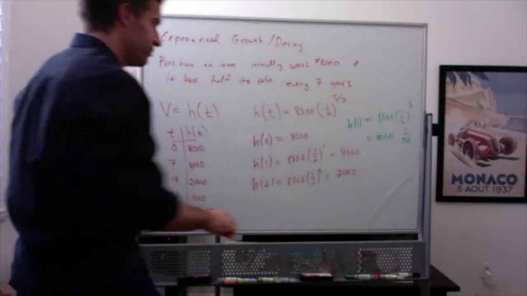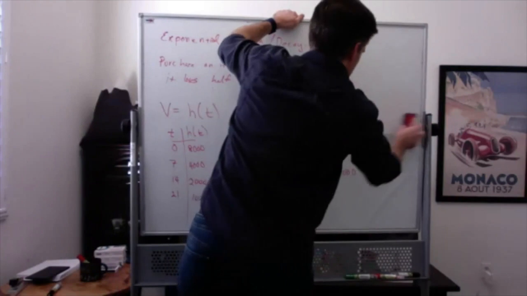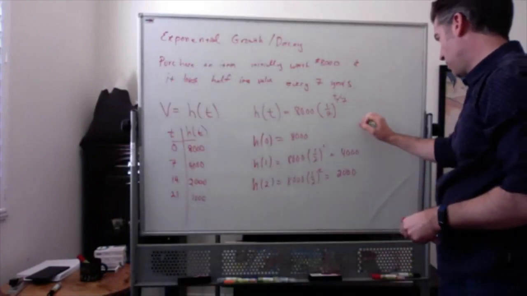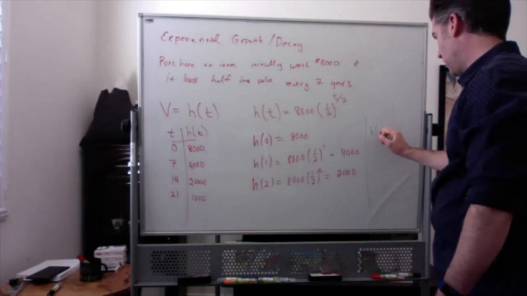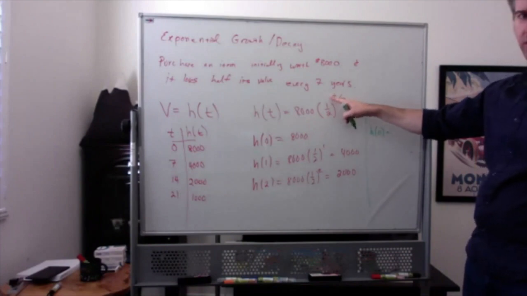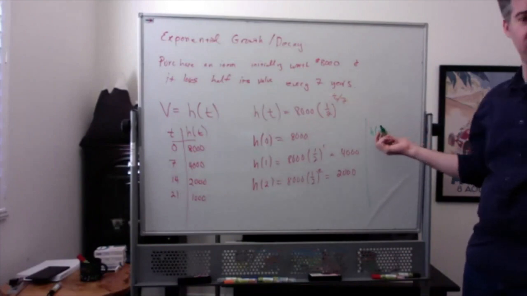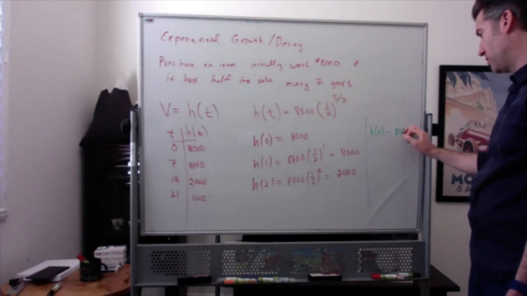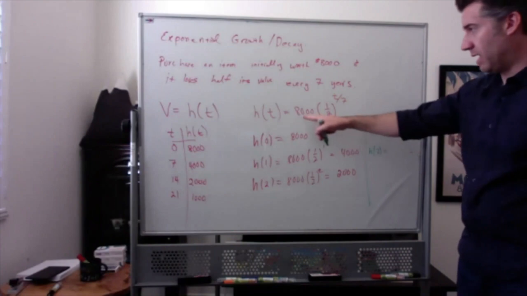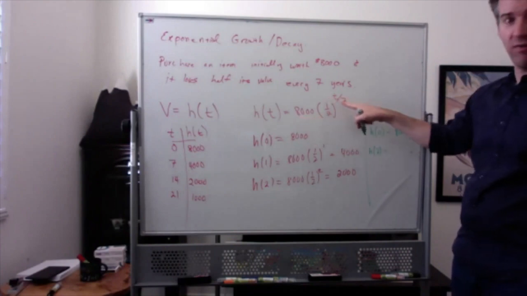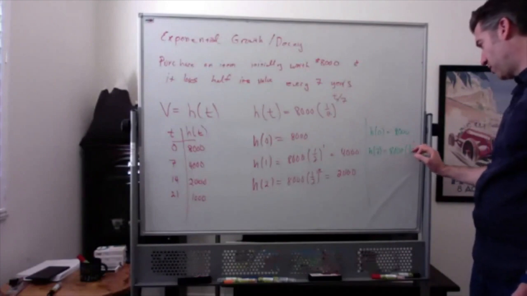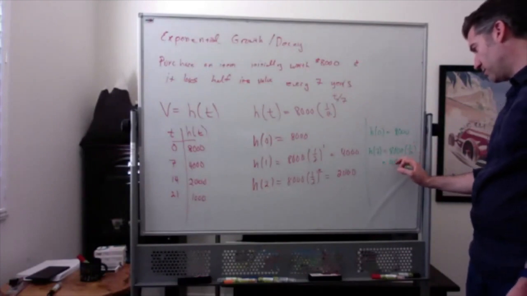Because then I can put this in here. H of 0 is going to be 8,000 times 1/2 to the 0 divided by 7, which is still 0. 1/2 to the 0 is still 1. So H of 0 is still 8,000. And then H of 7 will be 8,000 times 1/2 to the 7 over 7, which is 1. So you get 8,000 times 1/2 to the first, which is 4,000.